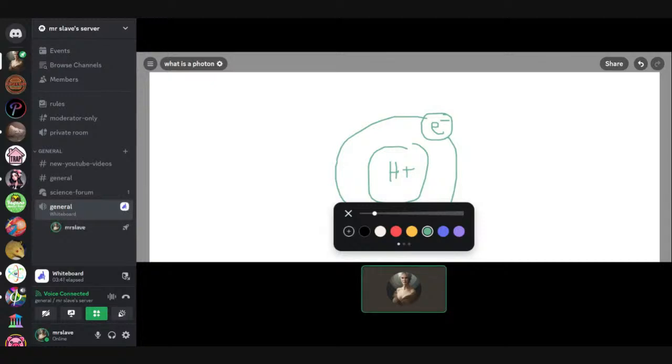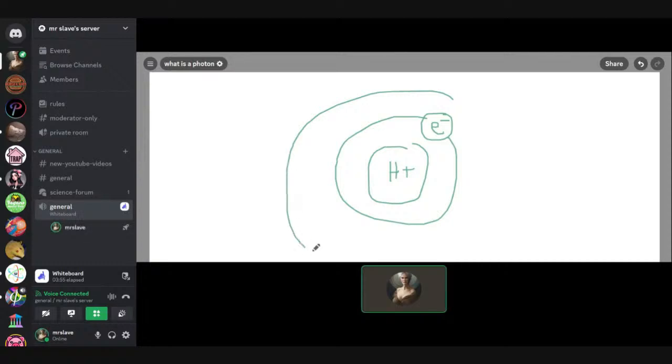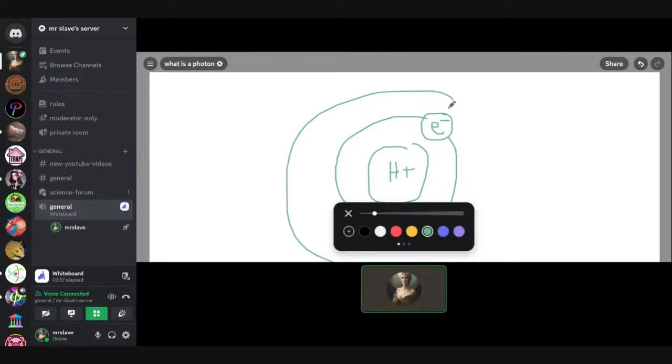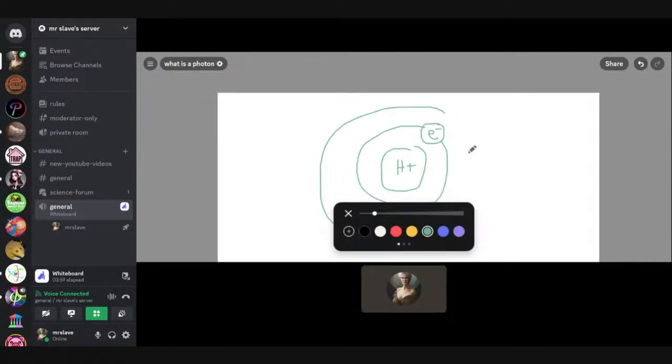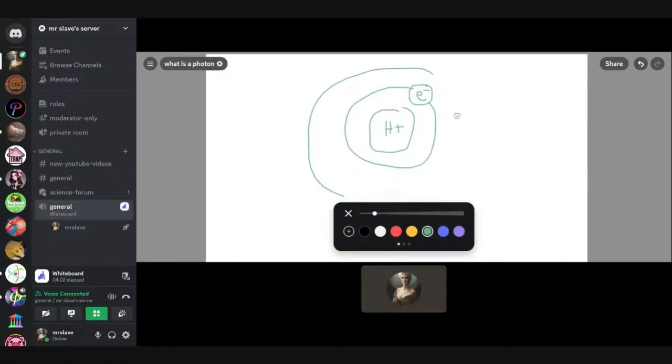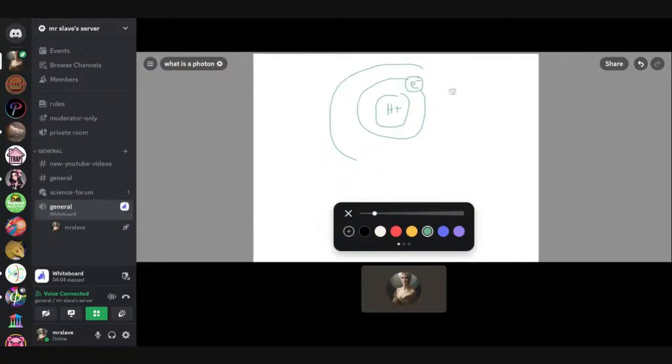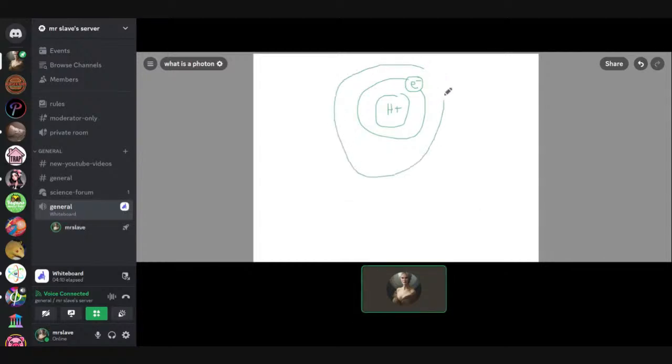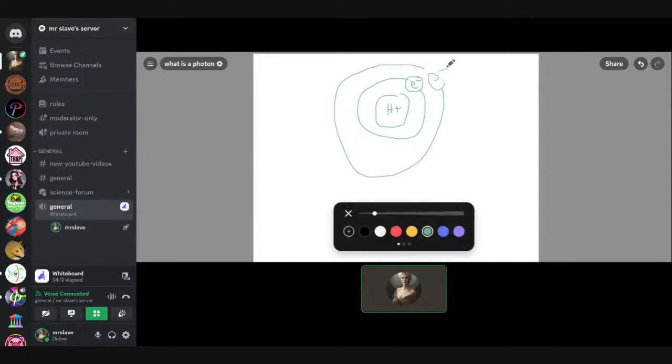And at the end of the day, the electron becomes shaken, and it jumps up one level. It just jumps up. Let me do this again. It just jumps up one level.